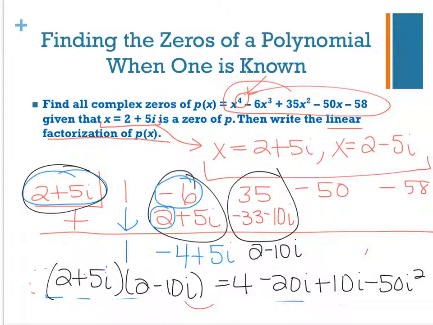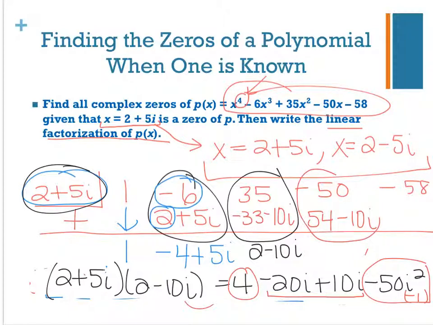And if I combine like terms here, again, i squared is negative 1, so this really is going to be a positive 50 plus 4 is 54. And when I combine negative 20i and positive 10i, I get a negative 10i. So when I add this column, 54 and negative 50 can be combined, which gives me a positive 4, and then I cannot combine the negative 10i with anything, so I just carry that down.